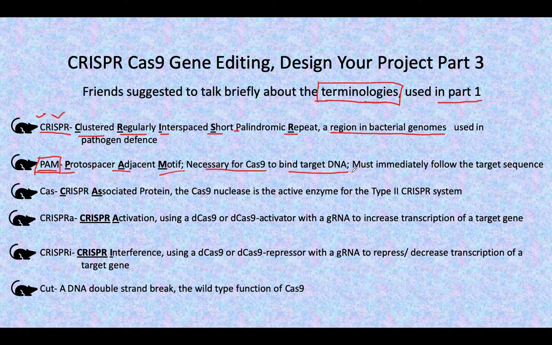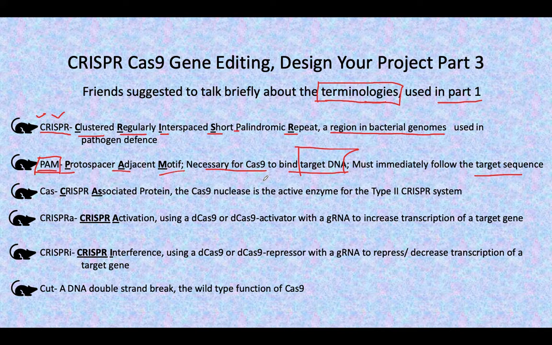The PAM is very important in this case because the Cas9 nuclease enzyme will be guided through the single guide RNA, which we will talk about later, to this specific site, and only this site will be cleaved. So it is very important, and this PAM is present immediately next to the CRISPR sequence.